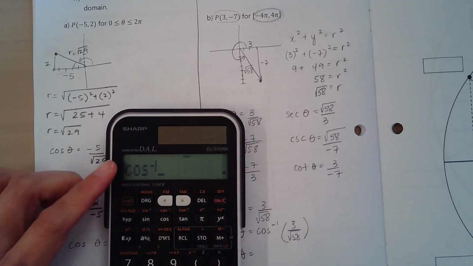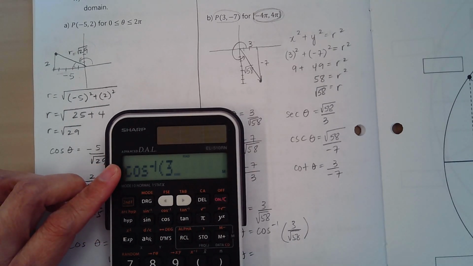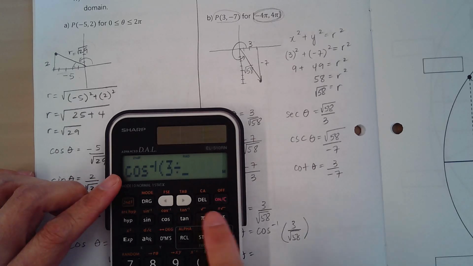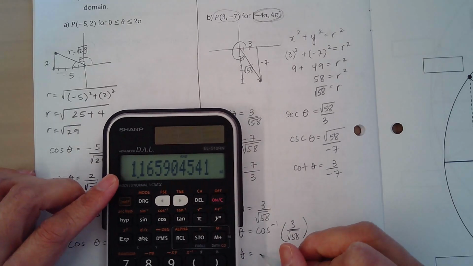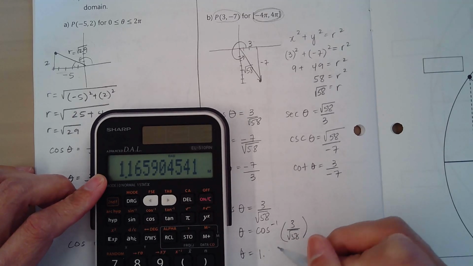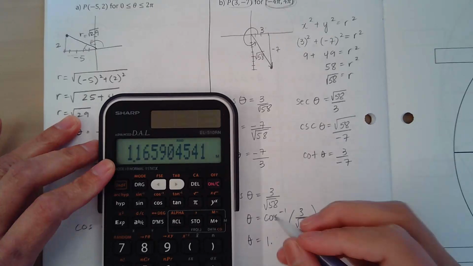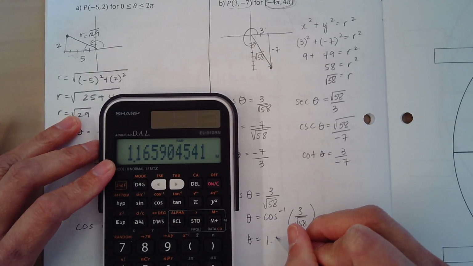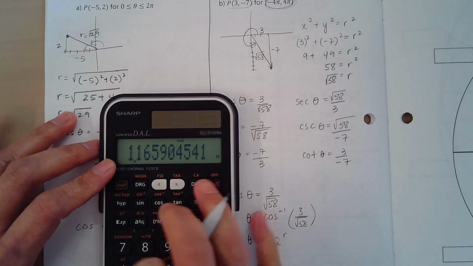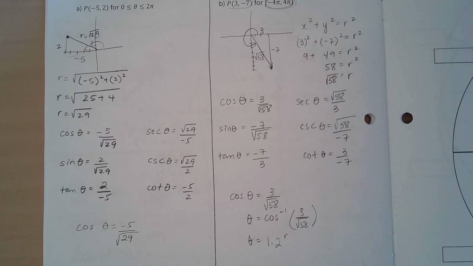Cos inverse of 3 divided by square root 58 is 1.1 something, so 1.2 radians, because they said tenth of a radian.